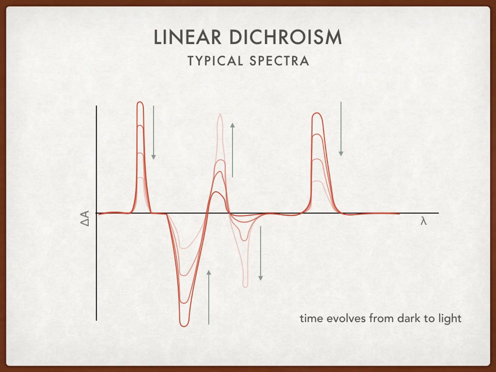I've just made a quick schematic sketch of a potential transient absorption spectrum here. Here, my spectra are evolving, so time is progressing as my signal moves from dark to light. I've drawn arrows in the direction of how things evolve with time.